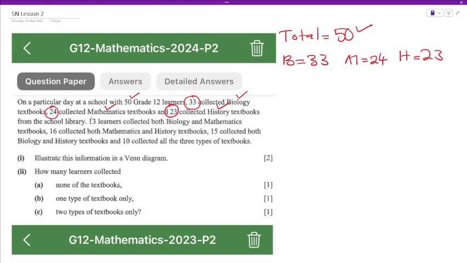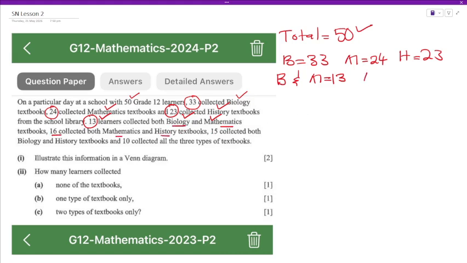13 collected both biology and mathematics, meaning biology and math should be 13. This 13 right here. 13 collected biology and math. And then what else? 16 collected math and history.